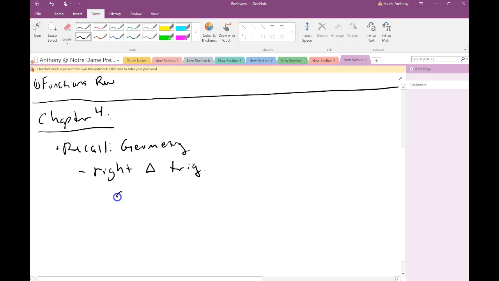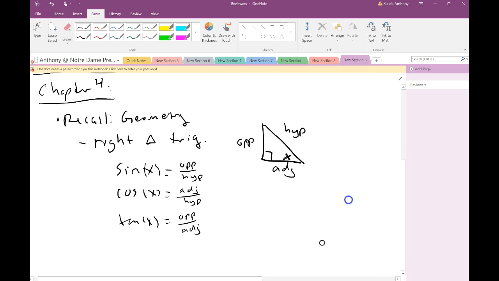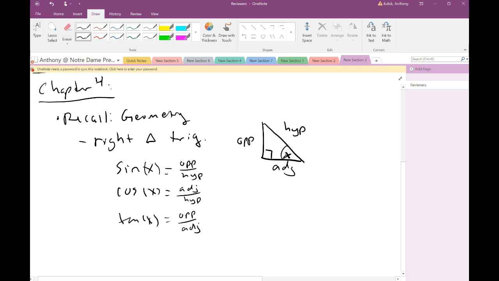Where you talked about sine, cosine, and tangent, that if you're in a right triangle, sine is the opposite over hypotenuse, cosine was the adjacent over hypotenuse, and tangent is opposite over adjacent. And depending on which angle you're talking about, the opposite and adjacent can change, right?